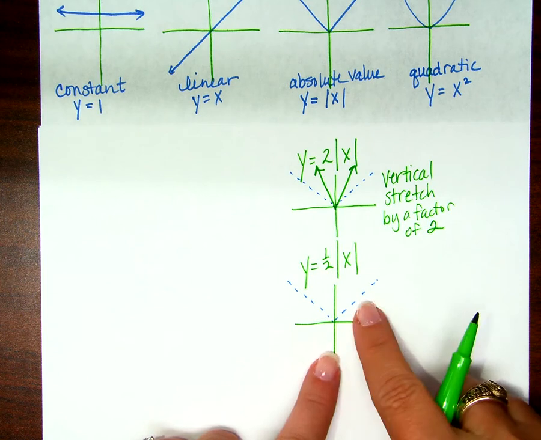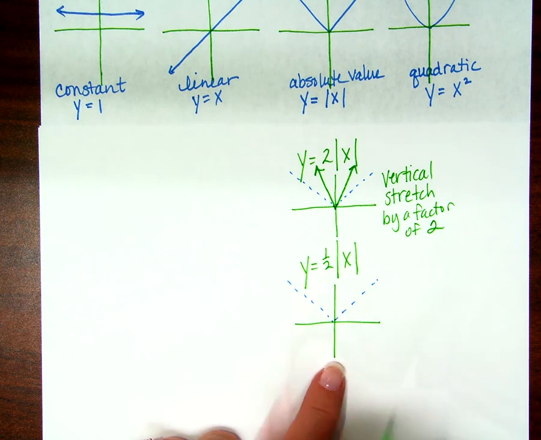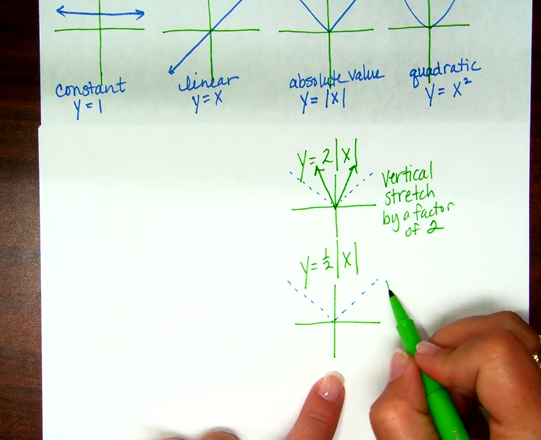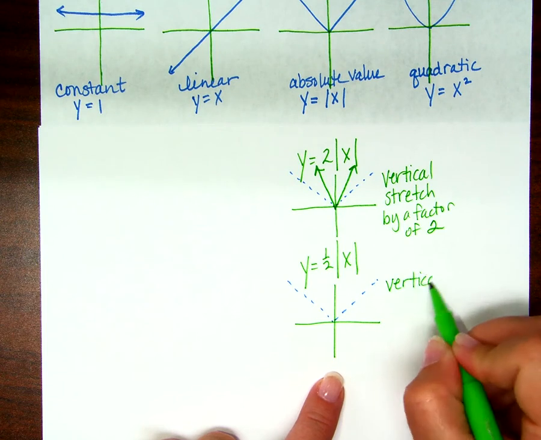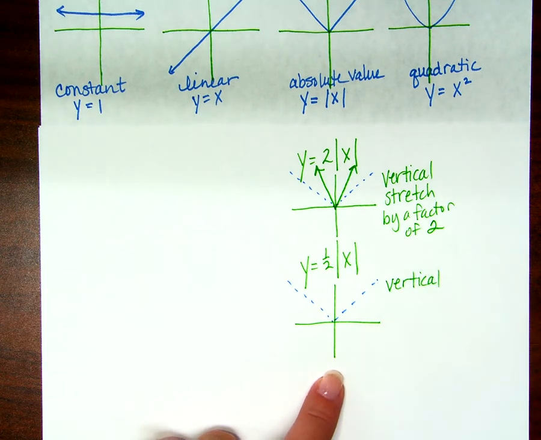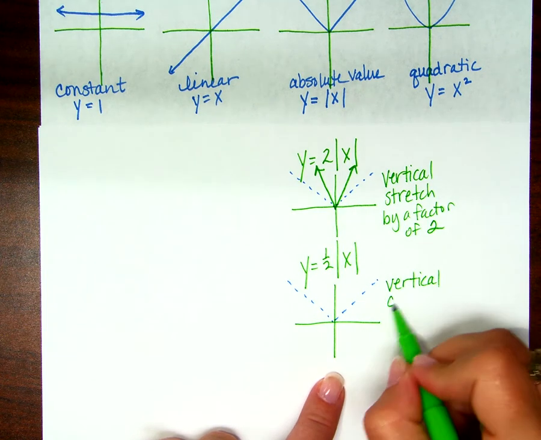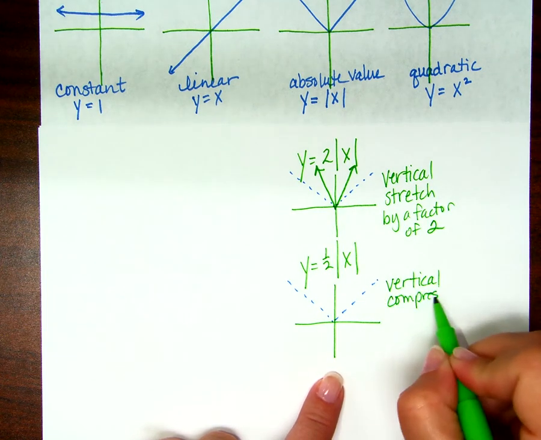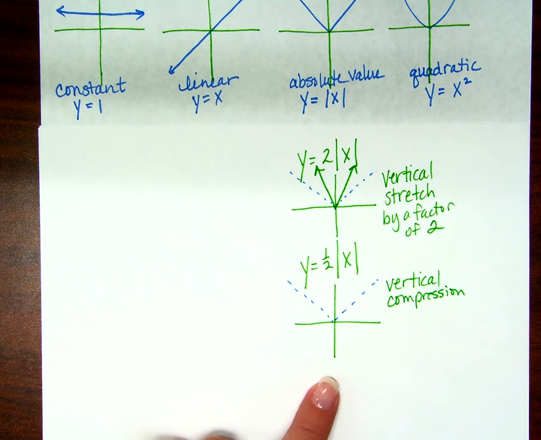What's gonna happen if I have a number between 0 and 1 then? It's going to be a vertical what? There's 2 different words that you can use. The one I use most often is compression. Okay? Another word that sometimes is used, though, is shrink. Stretch and shrink, stretch and compression.